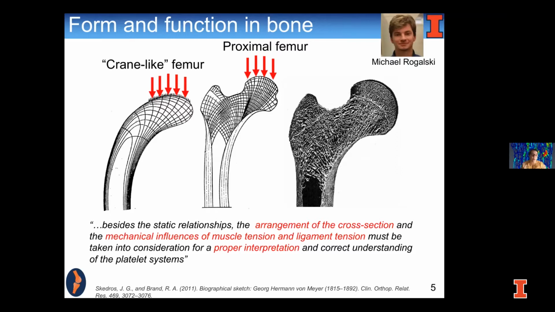And so they correctly noted that the arrangement of this cross-section is most likely due or influenced by the muscle and ligament, essentially the musculoskeletal loads that are applied. And so a graduate student in my lab, Michael Rogalski, wanted to really understand whether or not this was true, and actually questioned some of the fundamentals of this assumption.